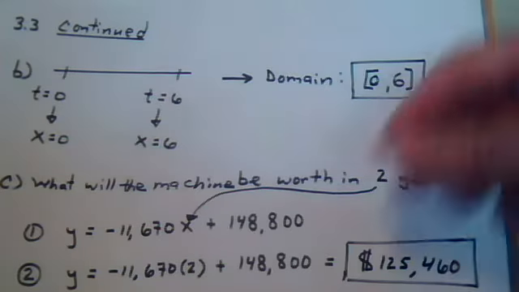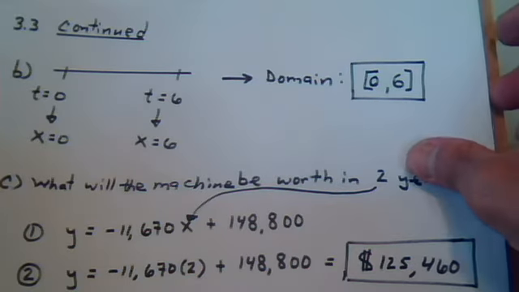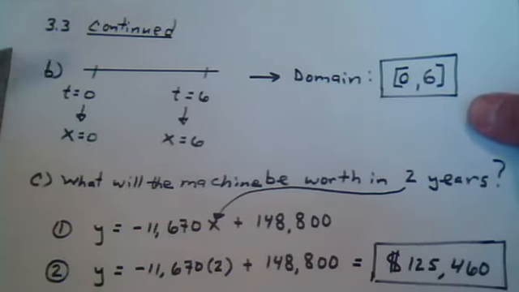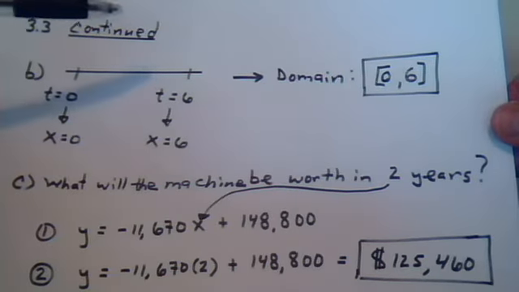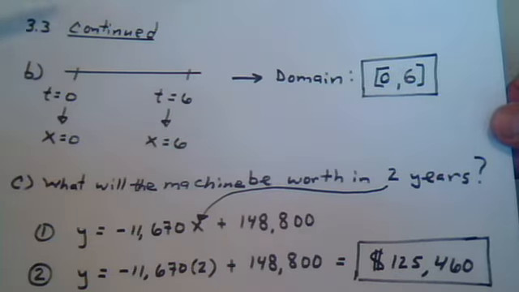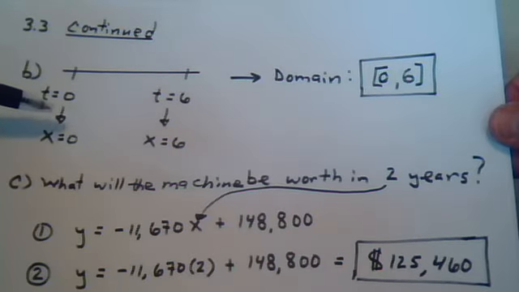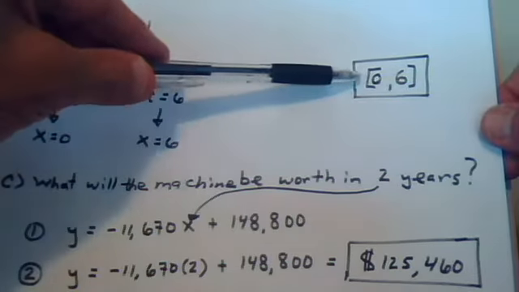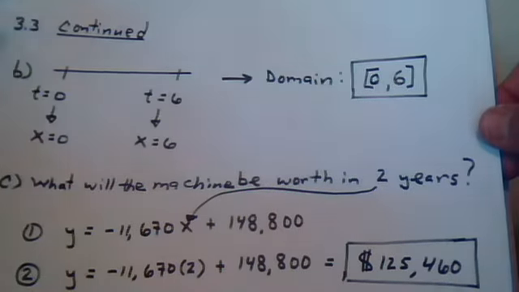For b, they wanted the domain. Domain are the x's that the equation uses. So notice we start off with x equals 0 and finish with x equals 6. So all the x's from 0 to 6, including 0 and 6, are the domain. So this is the list of all the x's.